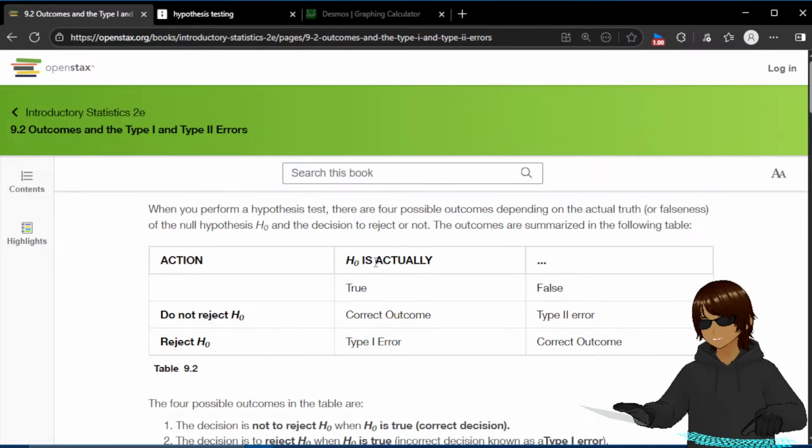Okay, if the null hypothesis is true and we rejected it, then that's a type 1 error. If the null hypothesis is false and we do not reject it, that's a type 2 error. So type 2 when the null hypothesis is false, type 1 when the null hypothesis is actually true.